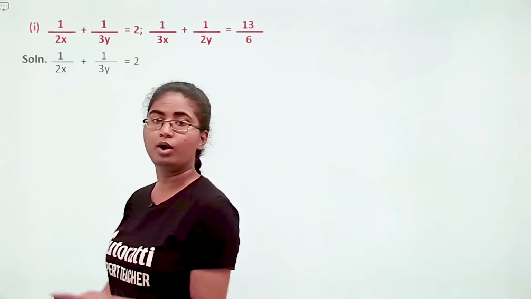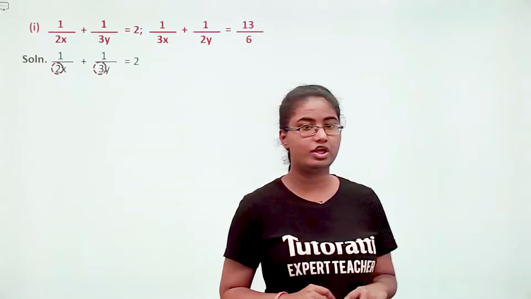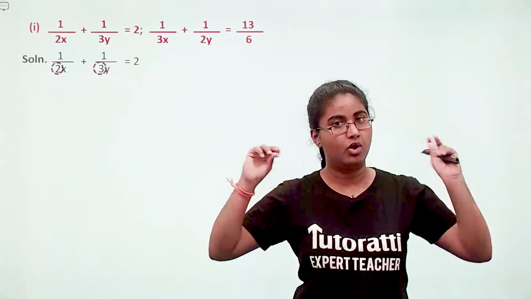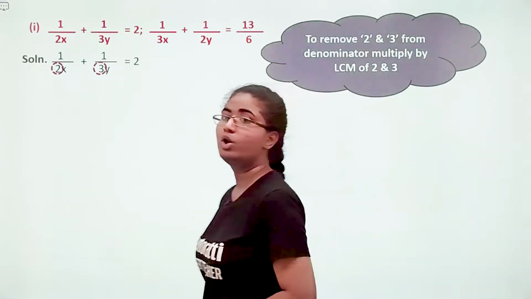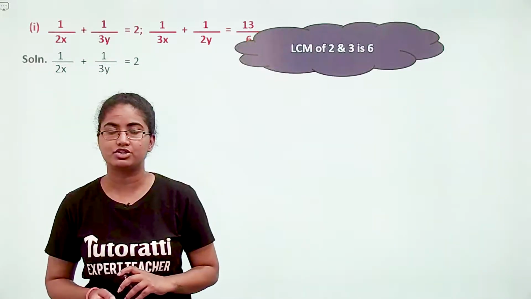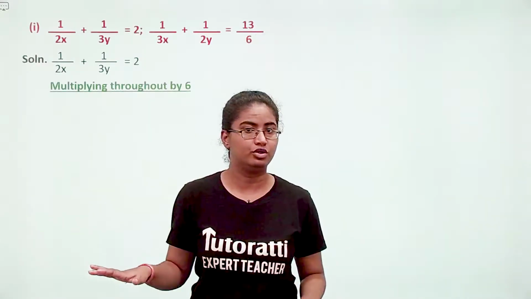Let us see how. So we have 1 upon 2x plus 1 upon 3y is equals to 3. What are the numbers in the denominator? 2 and 3. What is the LCM of 2 and 3? 6. So multiply the equation with 6 throughout, okay?